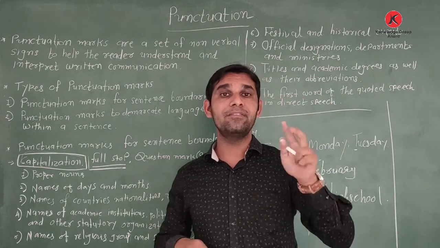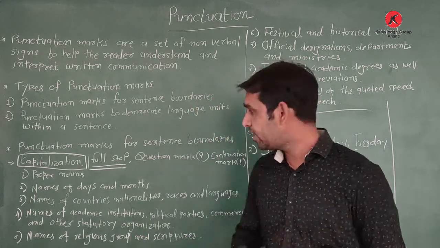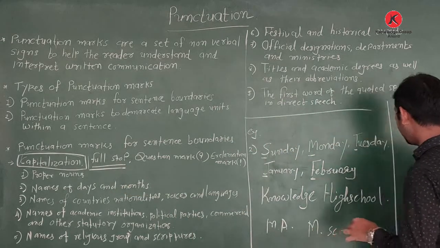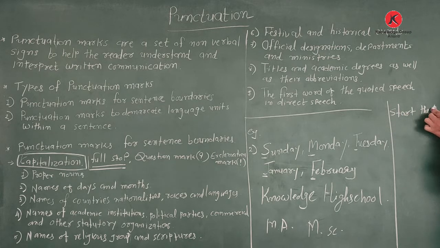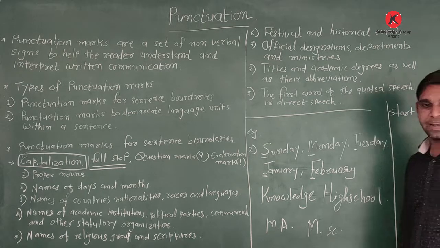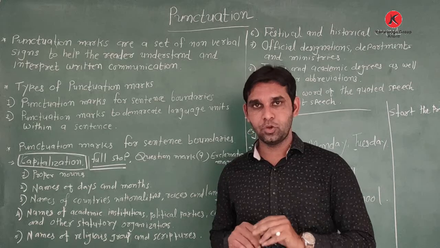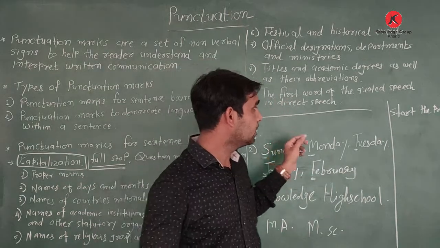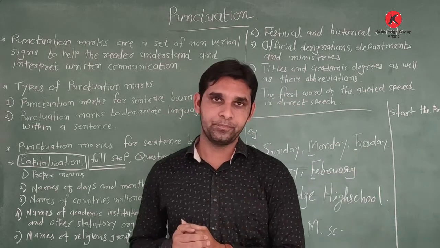But we write the full stop at the end of two types, declarative and imperative sentences. Here is an example: "Start the program." At last I write the full stop. In a declarative sentence, "I am a good boy." After boy, we write the full stop. So this is how we write the full stop in declarative and imperative sentences.